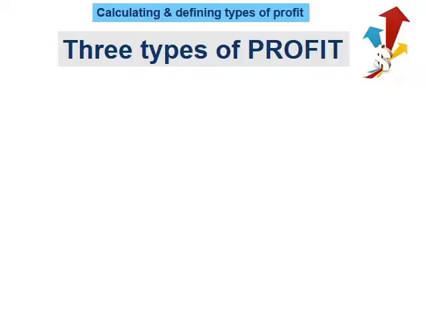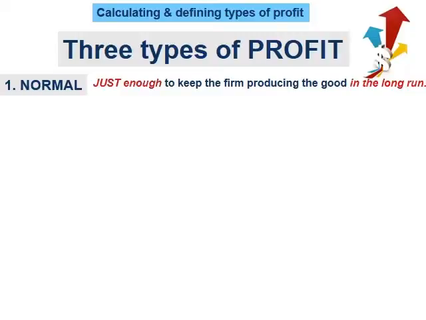So profit is categorized into three types: one where it's above zero, one where it equals zero, and one where it's below zero. The first is what we call normal profit. We've already encountered this term. Normal profit is defined as just enough to keep the firm producing in the long run, in other words, to stay in the industry, or sufficient to cover all economic costs in the long run.